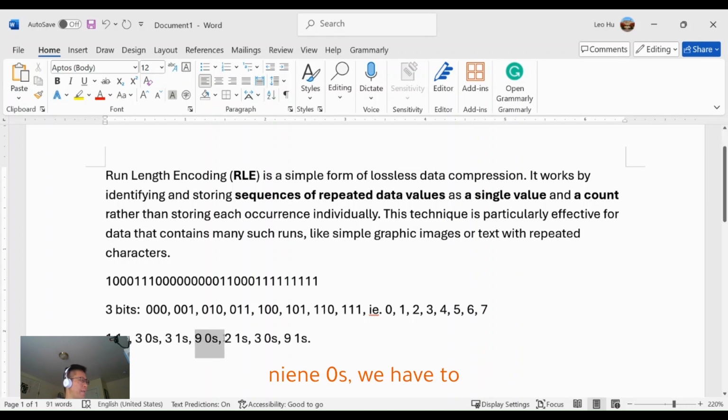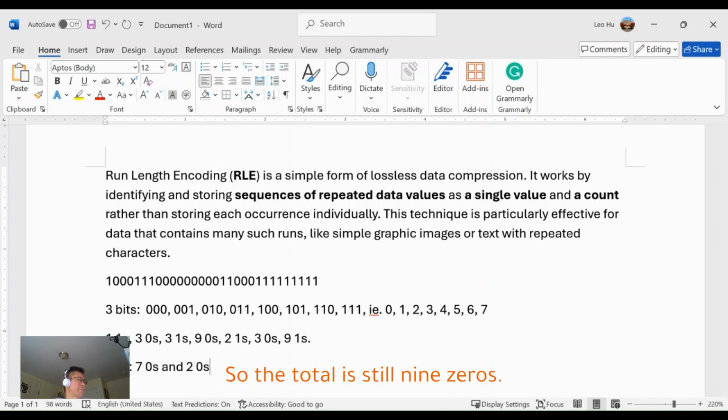So here, the 9 zeros we have to divide into 2 groups, into 2 runs, right? 9 zeros will become 7 zeros and 2 zeros.